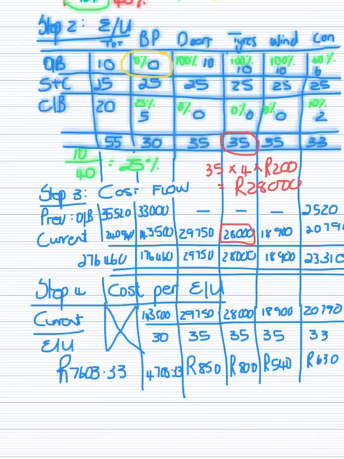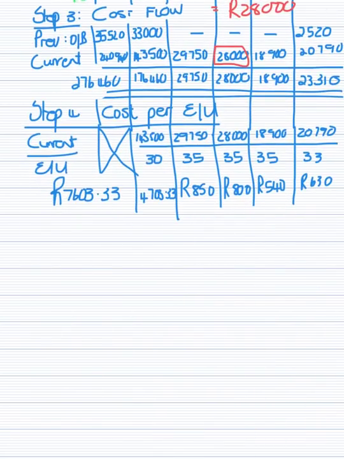Right, so far so good, because now we've got the cost per equivalent unit, we've got all the information, so the only thing that's left for us to do now is complete step 5. Now step 5, people, is where we show the cost and production statement.